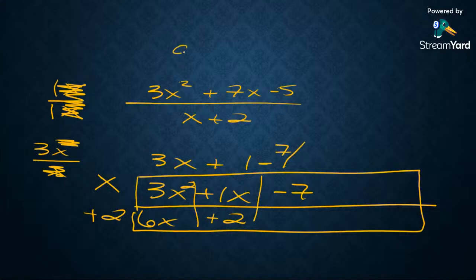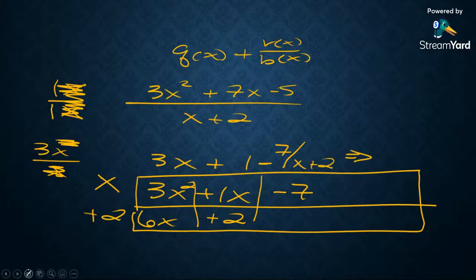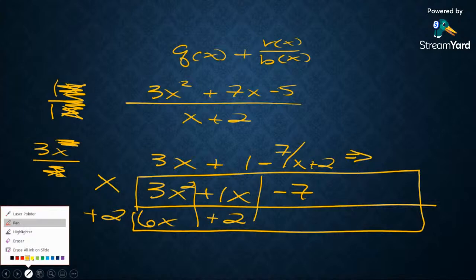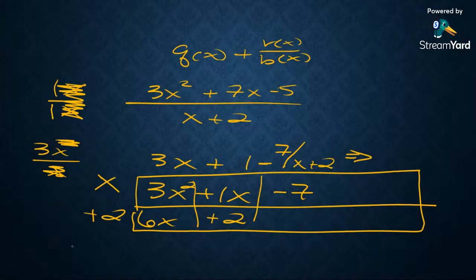And to fit the format of Q of x plus R of x over B of x, I'm going to have to put this -7 over the x plus 2. Once again, if you're a little fuzzy, this is kind of new learning for us, that this format that we have now is Q of x plus R of x over B of x.